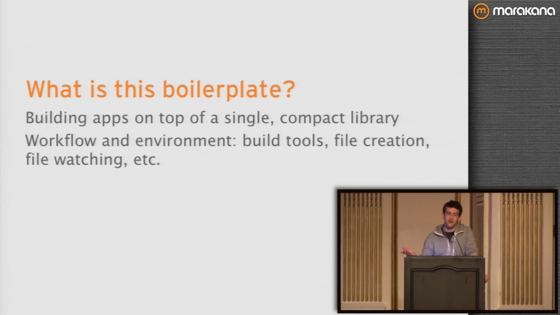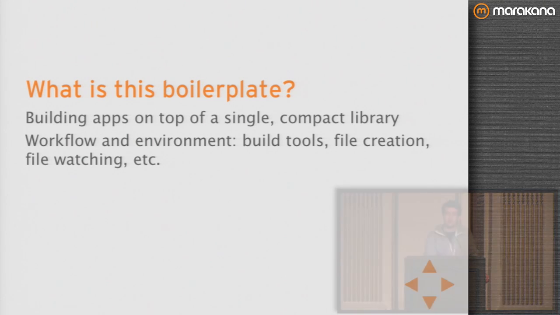Then there's also the workflow and environment, which is build tools, file creation, file watching. These are super important to have as a really strong base in your project, obviously. You need to be able to iterate fast, and the better your development environment is, the better code you'll write, because you're not struggling against some extra thing.